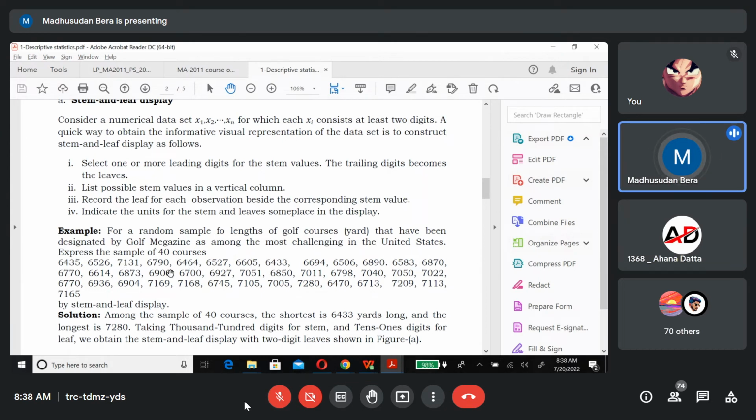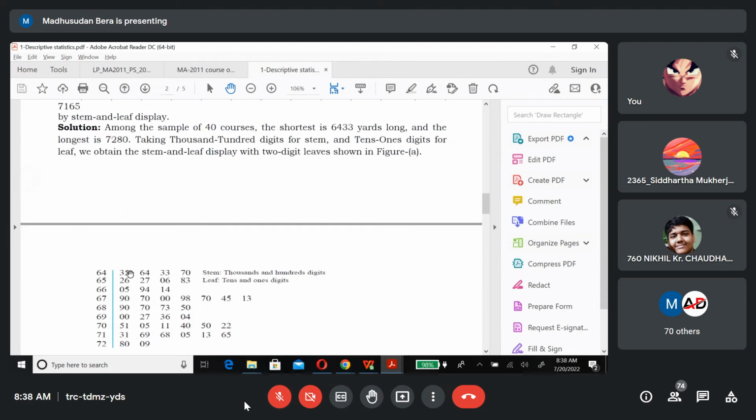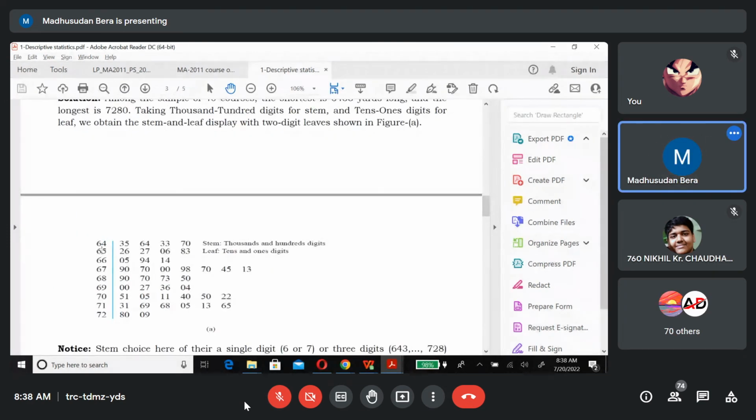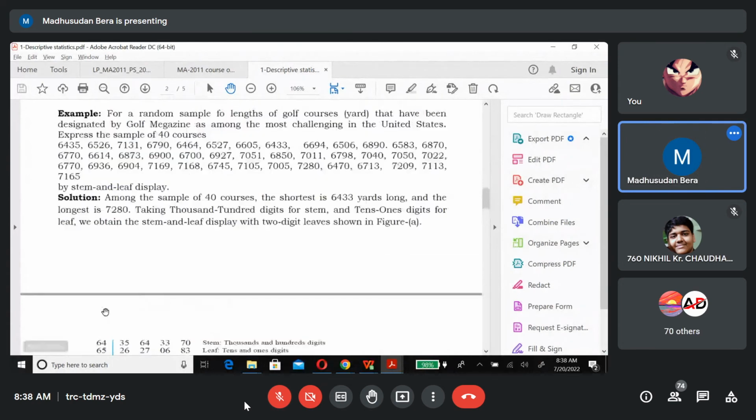Many are repeated. So we write 64, 65, 66 up to 72.